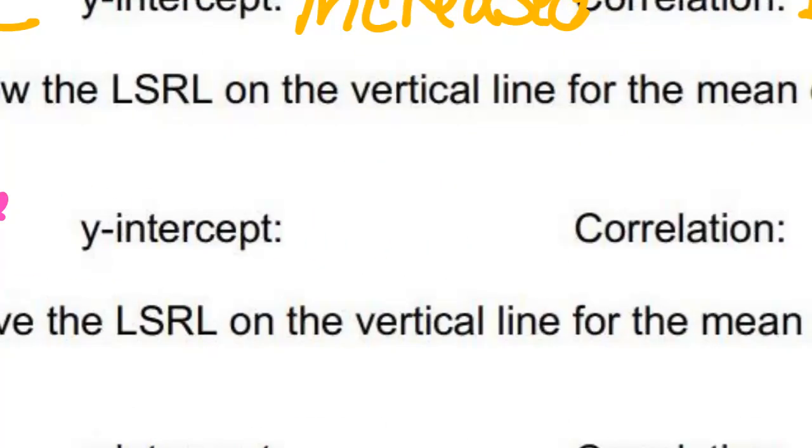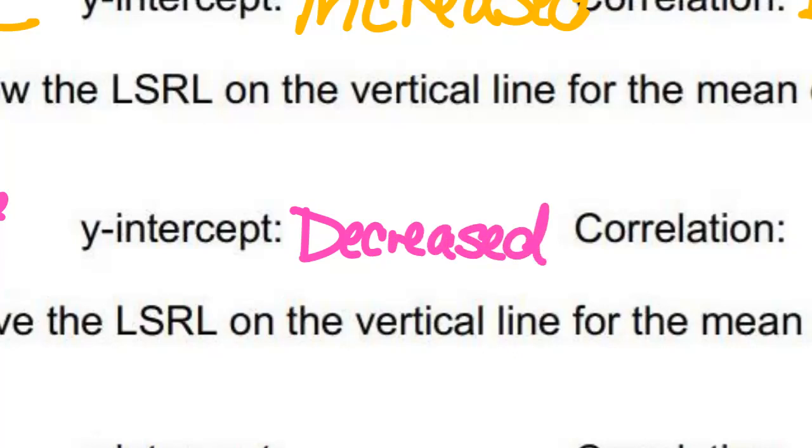My y-intercept decreased. We didn't check out what happened to the correlation, so I'm going to do this again. My correlation now is 0.5538. What happened to my correlation? Correlation decreased.